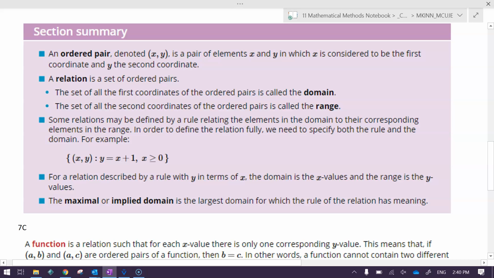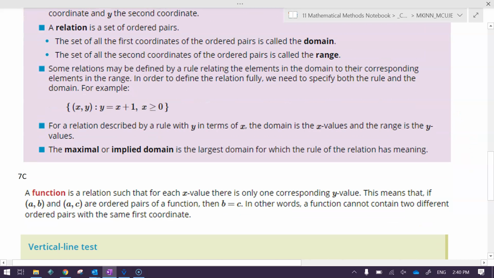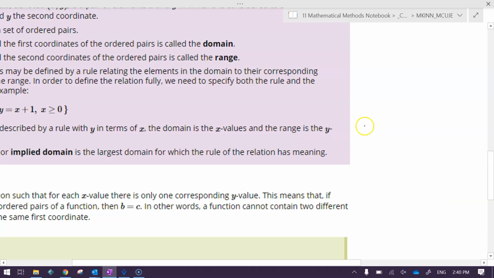So, when might that not be the case? We'll maybe do 2 examples here. If I've got y equals 1 over x, what is the implied domain? X could be greater than 0.